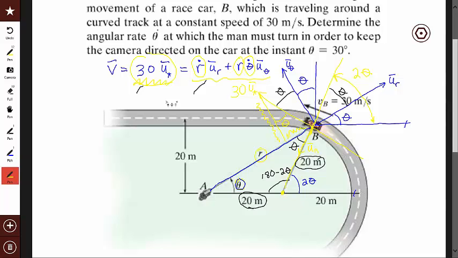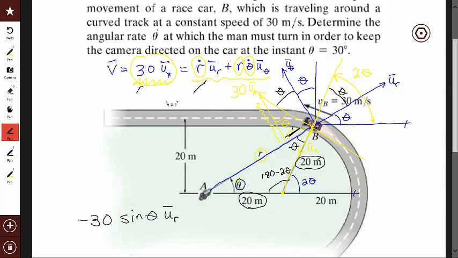So what I have is the component along the UR is going to equal the magnitude of the force, 30, times the sine of the angle theta, and it's pointing backwards inward, which is opposite to UR, and that's how much it is in the UR direction.